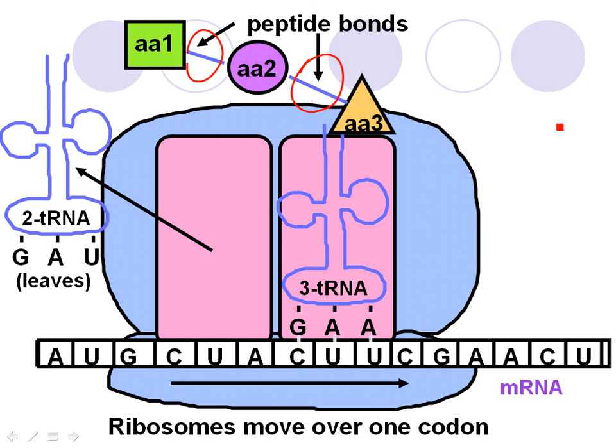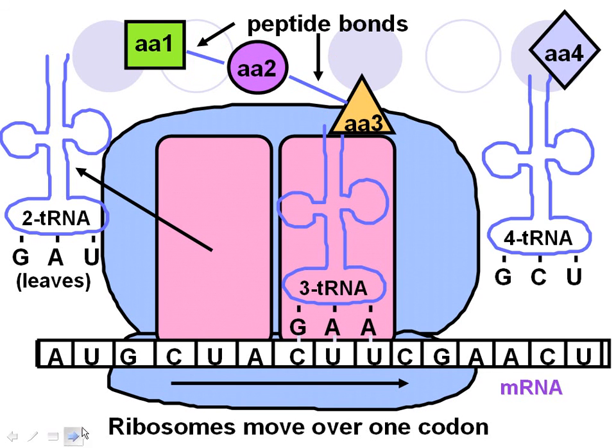It will move into the A site. So number 4 will move into the A site. So let's go on. Okay, so we see 4 coming in. Okay, here we go.